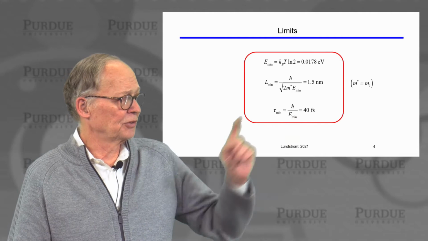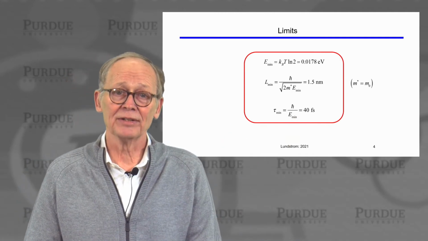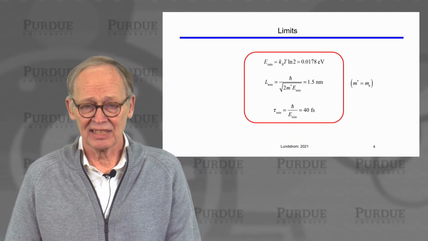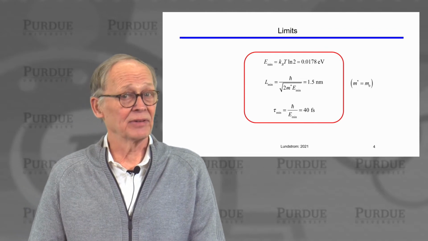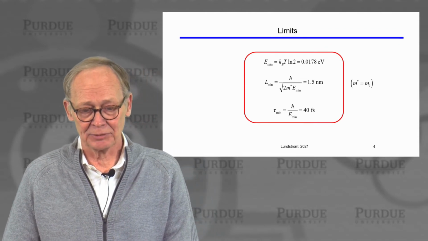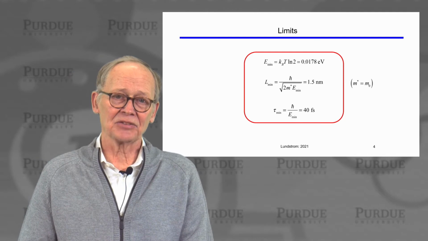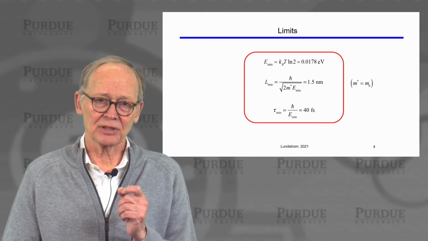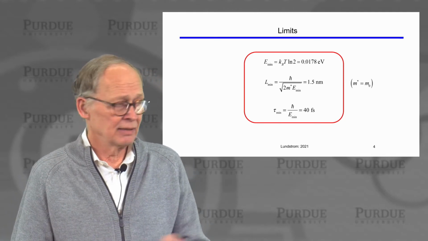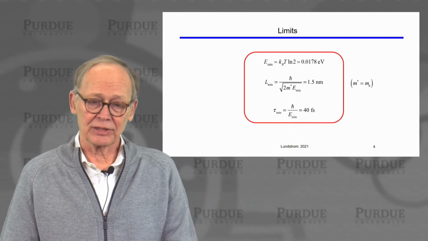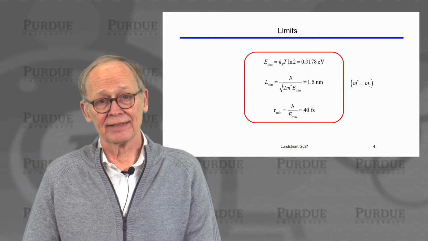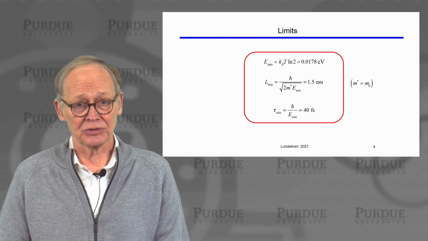And we put in numbers assuming an effective mass of 1 times the electron rest mass, and that turns out to be a very small number, 1.5 nanometers. And then finally, we asked, how fast can we switch a transistor fundamentally? And we developed this simple expression and put numbers in, and that is about 40 femtoseconds.